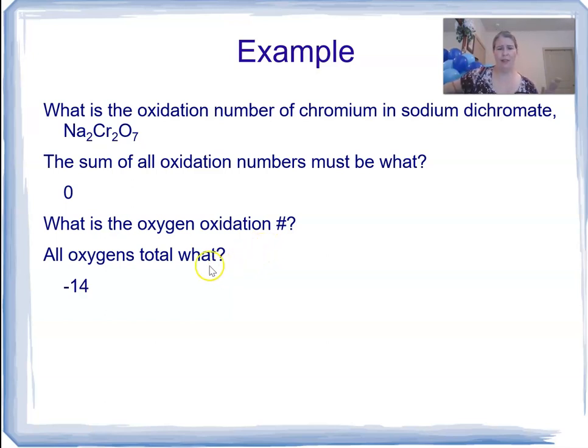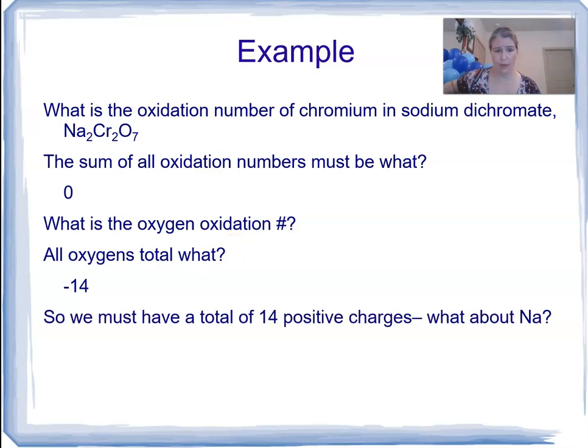So now I've got to find some place to get 14 positive charges to balance it out, because my sum has to be 0. Well, the sodium is there. The sodium is plus, and there are 2 sodiums. So I can take 14, and now I've got 2 positive charges here.